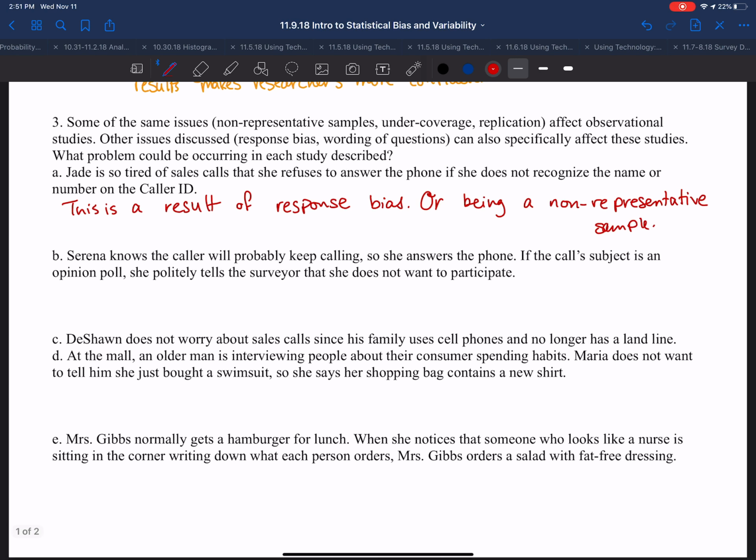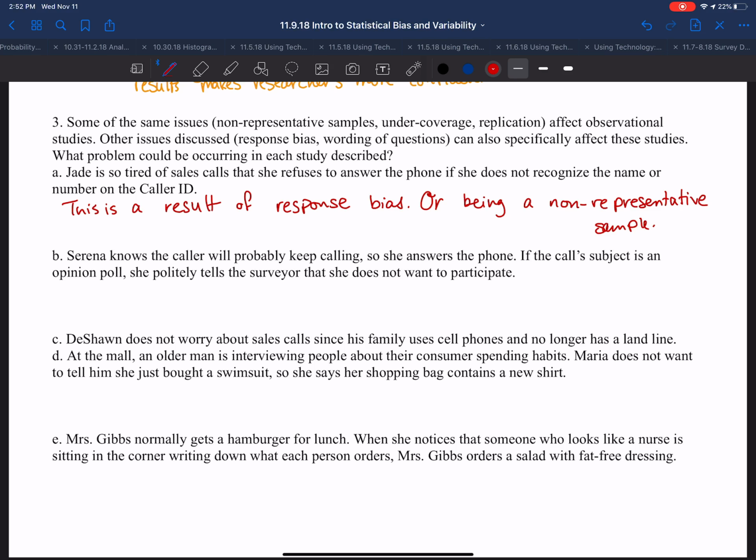B says Serena knows that the caller will probably keep calling, so she answers the phone. If the call's subject is an opinion poll, she politely tells the surveyor that she does not want to participate. So this is just another example of a non-response in the sample. Okay, so they call someone and they just hang up or say no thank you and then hang up.